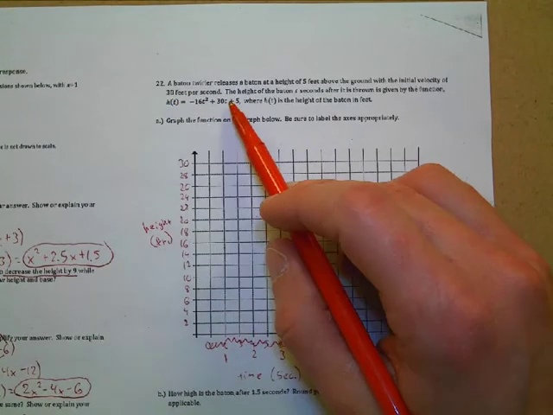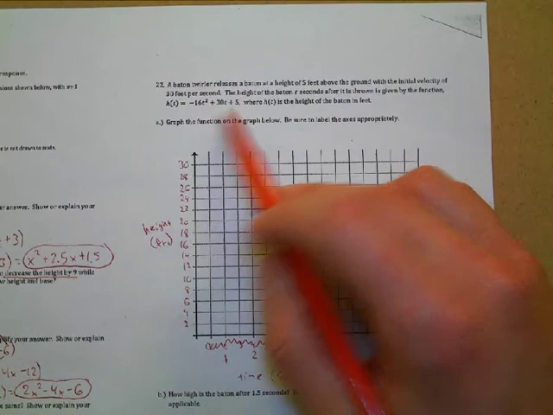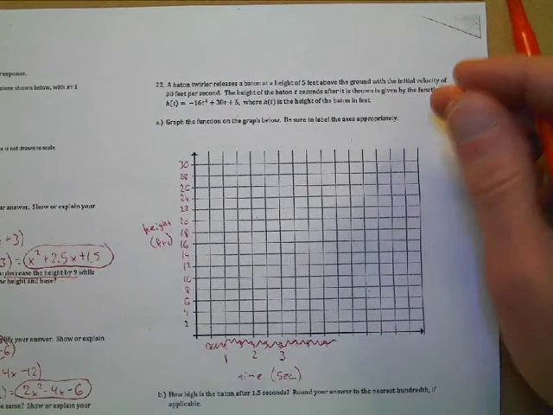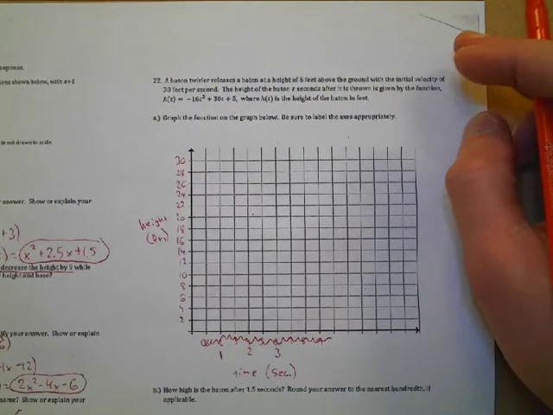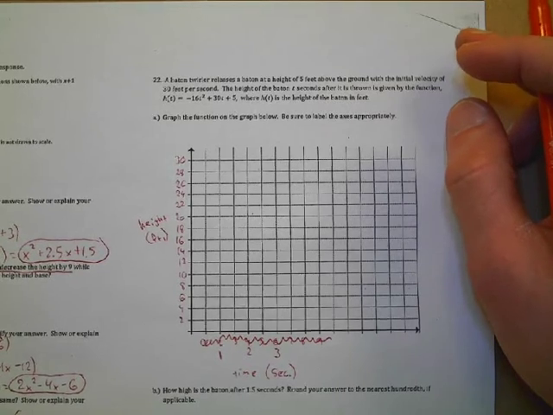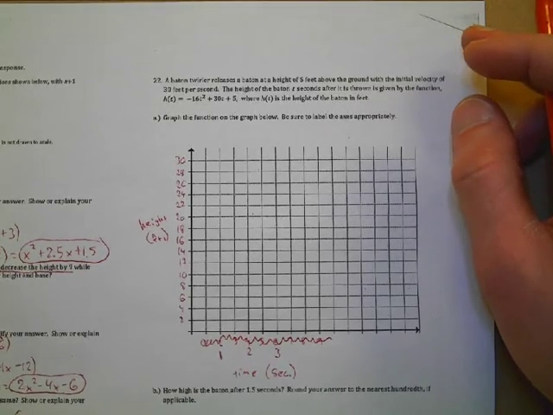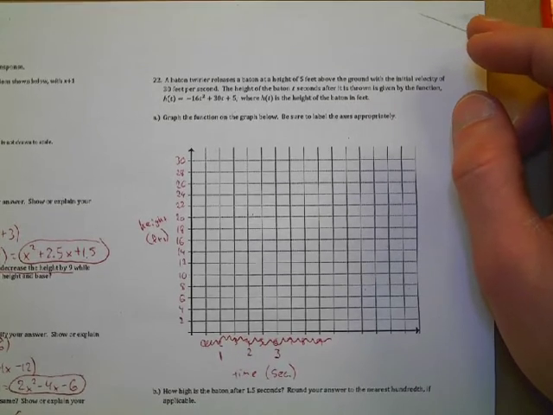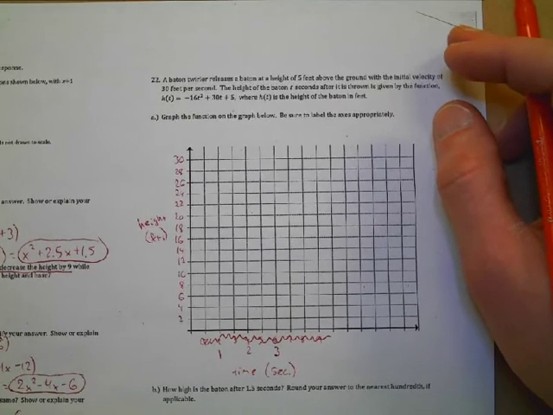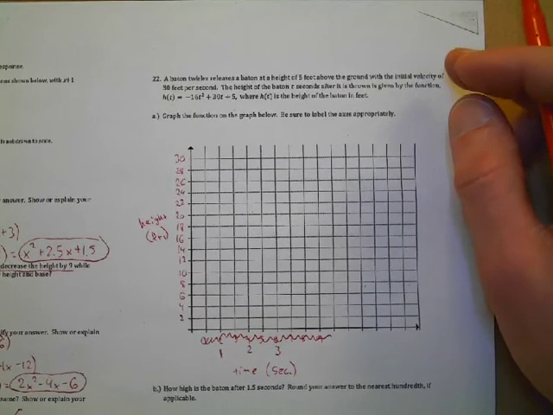And the plus 5 is your initial height. So this is legitimately how you could use this function to model the height of an object that you throw up and how it comes back down. Of course, there are other things you have to consider, like drag, but it's a good estimate, at least.